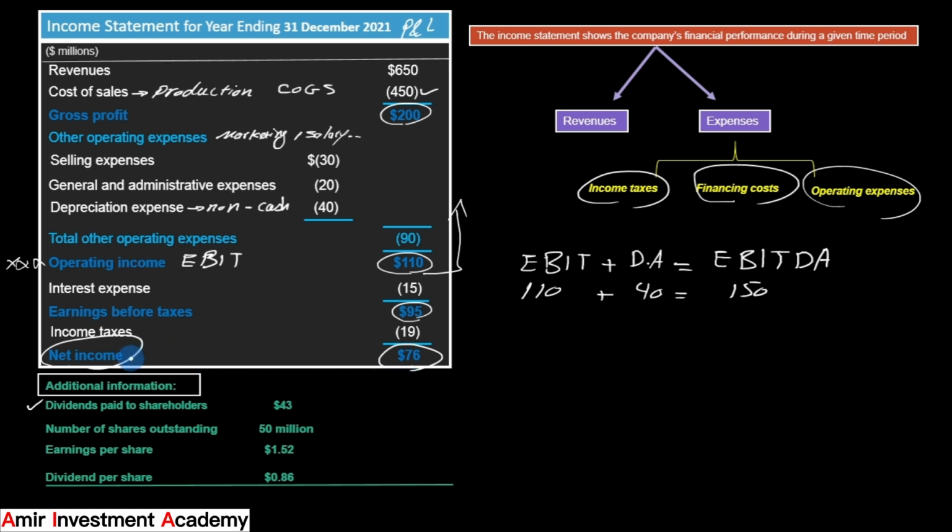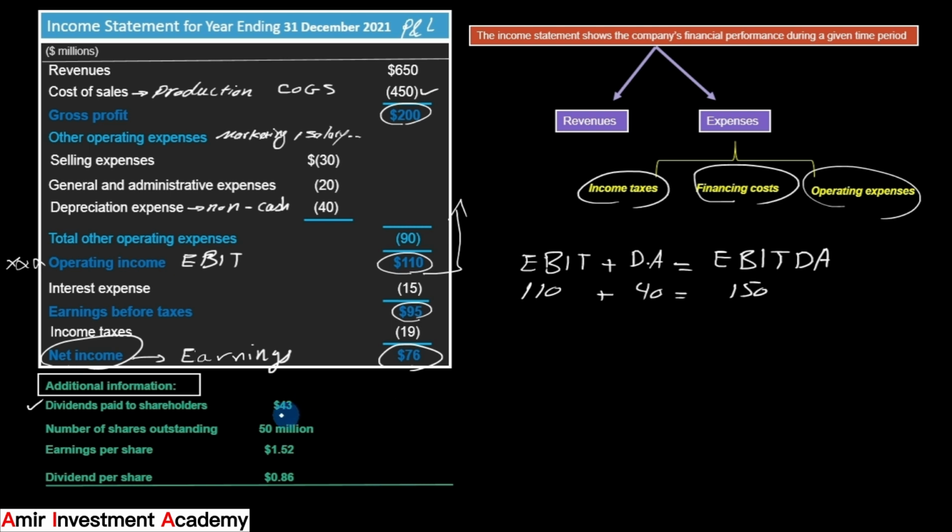This net income is also sometimes called earnings. This is something you might hear a lot on the news, the earnings announcement. That's what they mean: the net income. So the dividends paid to the shareholders is the amount that, when the company makes money, the board of directors decide to distribute amongst the shareholders.